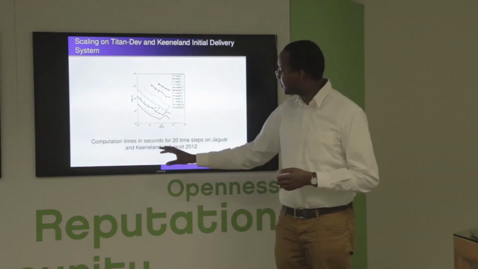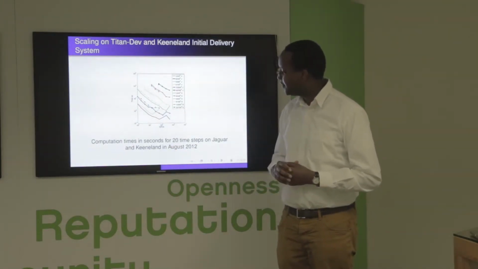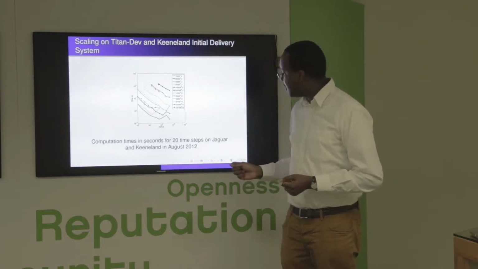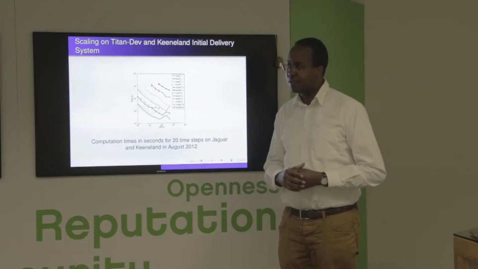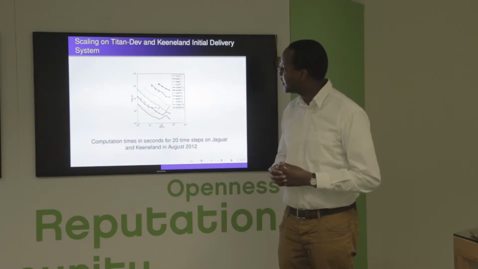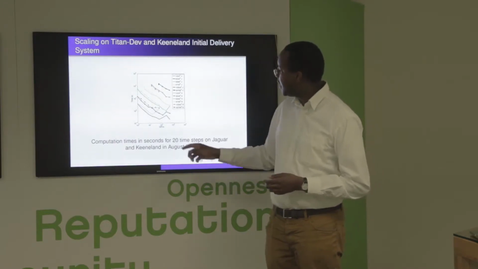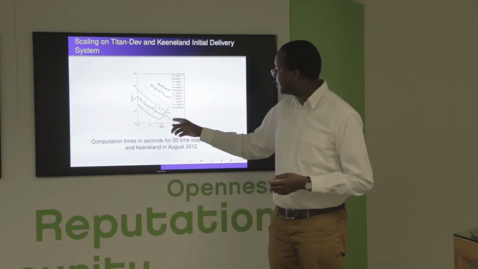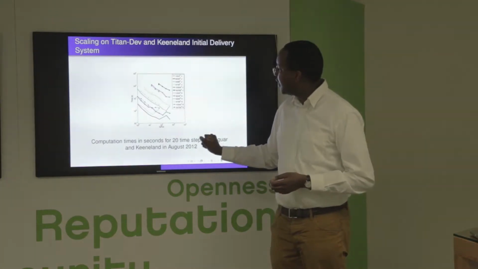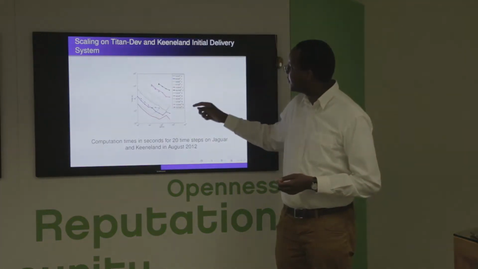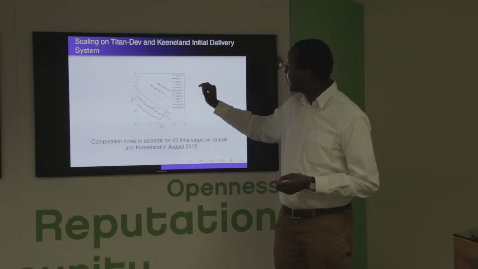So Kingland used InfiniBand interconnect, and Jaguar had Cray's older interconnect. Both of them had about 1,000 GPUs. Over here what's shown are the different problem sizes. You can go from 1,024 squared up to 32,000 squared.